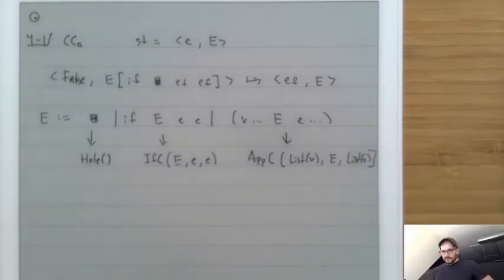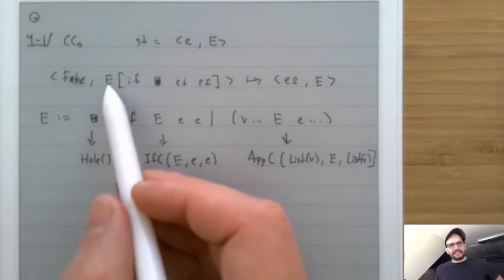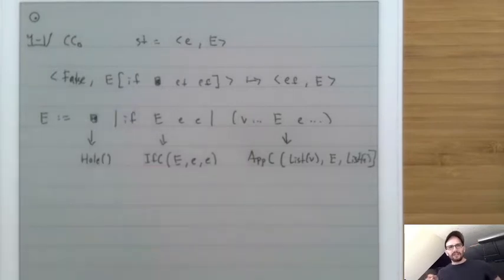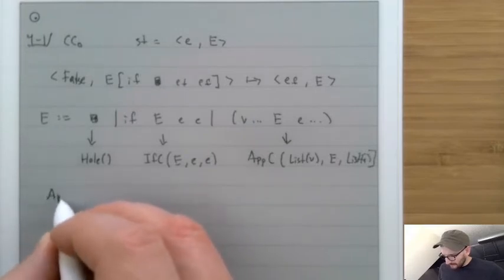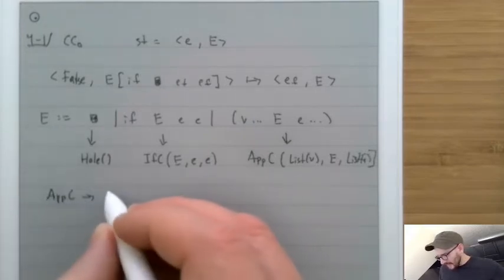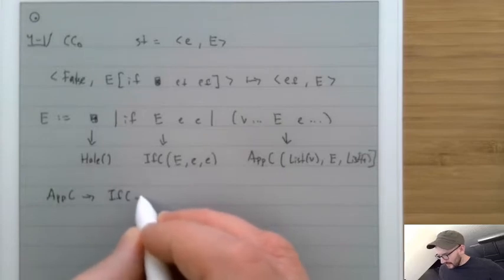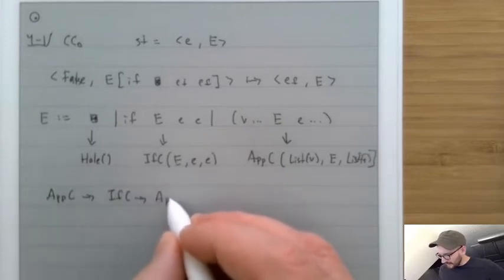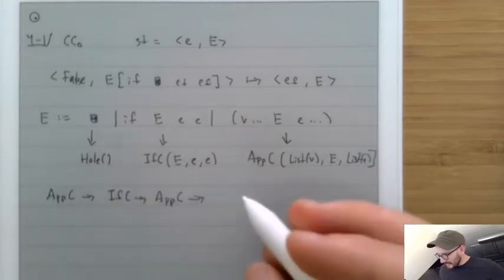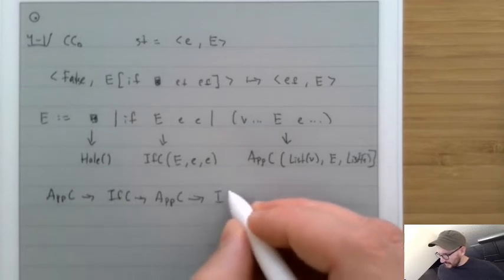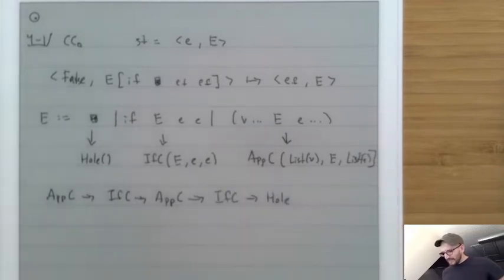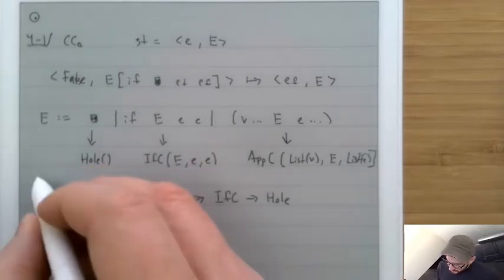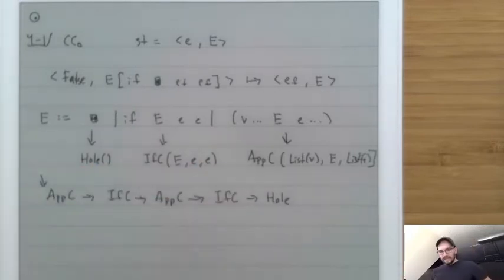Okay, so then what this rule is really saying is, imagine you got a data structure, and maybe it was an appc, and then inside that was an ifc, and then inside that was another appc, and then inside that was an ifc, and inside that was a hole. What it's saying is, look at this pointer that you've been given, and figure out if at the bottom is an ifc.